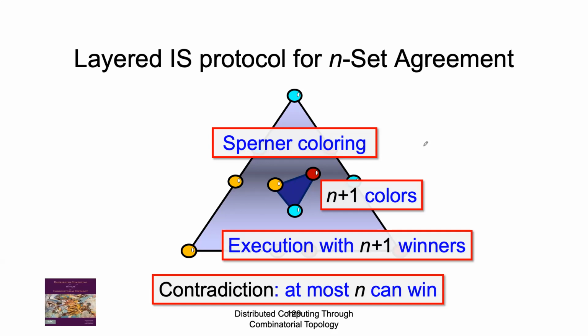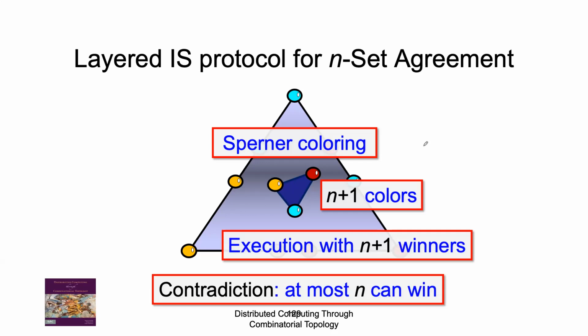And this is a more general statement. Many people tried to generalize valencies to k-set agreement, or generalize the impossibility for consensus using valencies, and it didn't work. Nobody managed to do it with operational approaches so far, and it's intriguing to understand why.